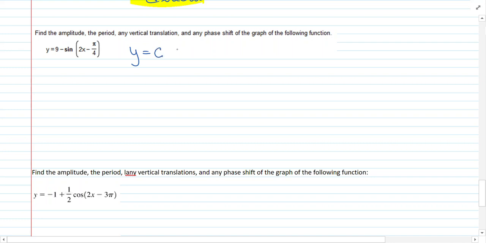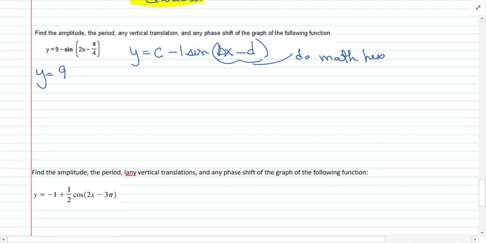this is c, minus the 1 sine of, and this is bx minus d. And we see we have an issue here, so we have to do math here. So let's do that first. Let me write it.